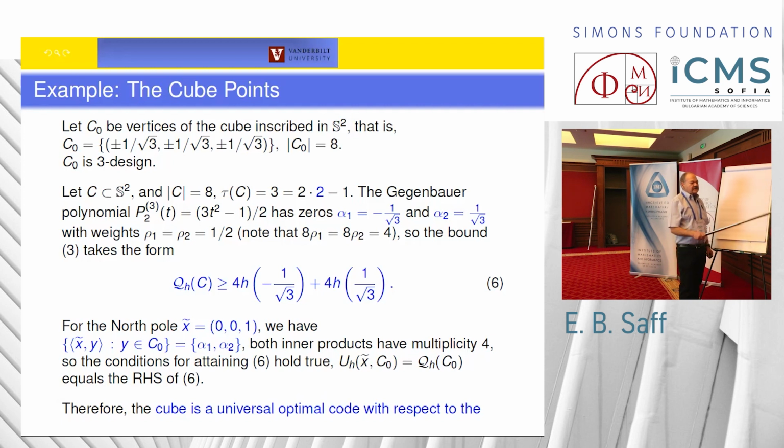And the cube attains that lower bound, because if you take the north pole as your x tilde, and use that result that characterizes equality, you get precisely the node points and the right multiplicity. Okay, so it is the universal optimal code with respect to polarization.